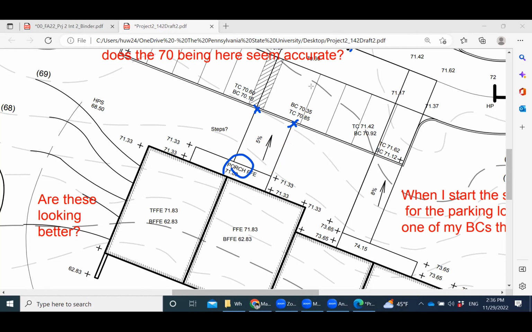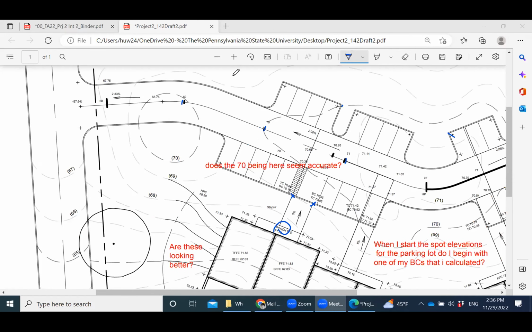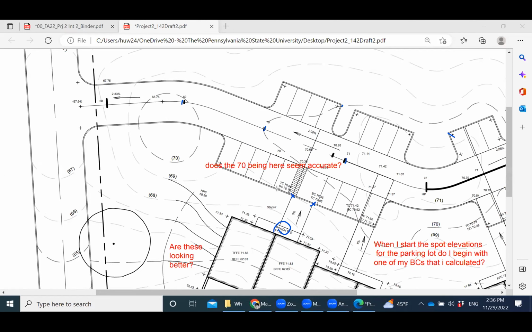Let me zoom out. So do you see where I'm going?